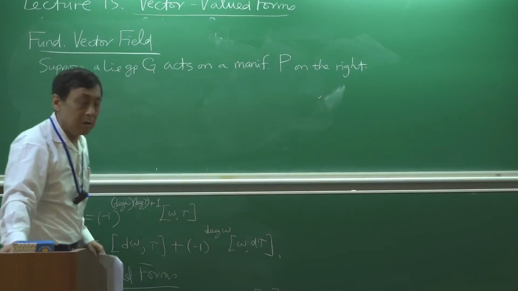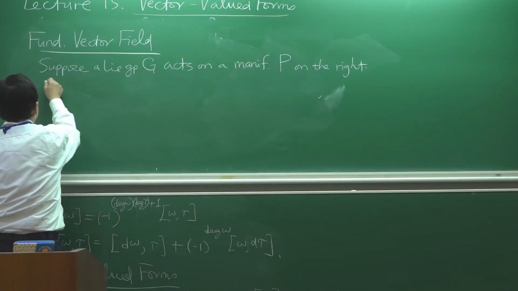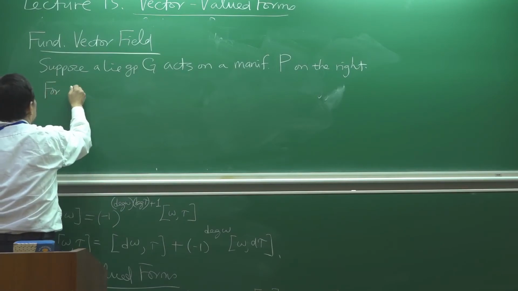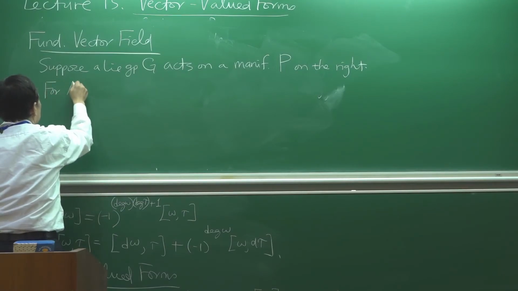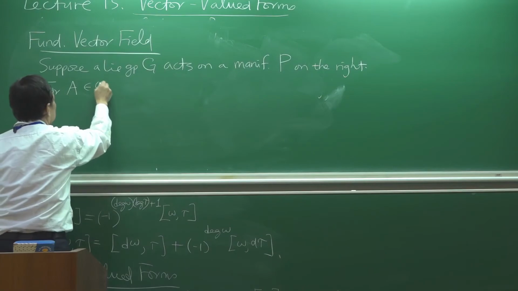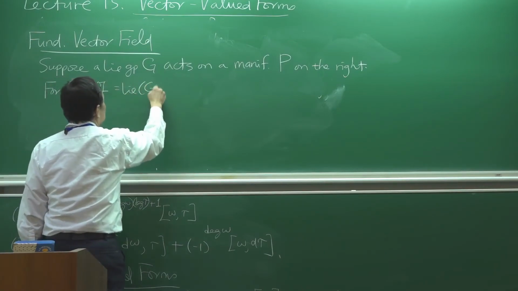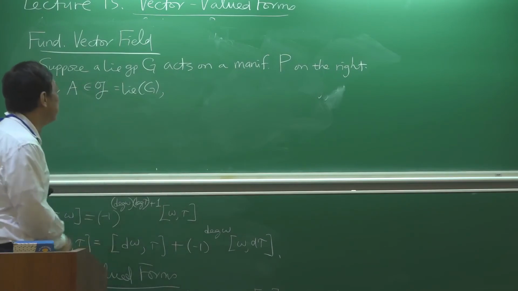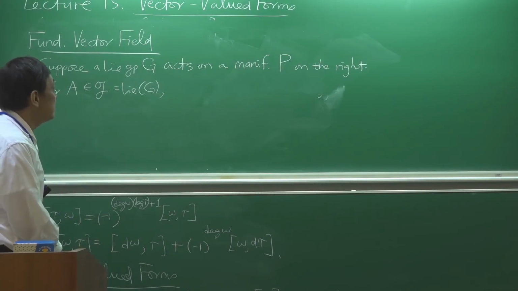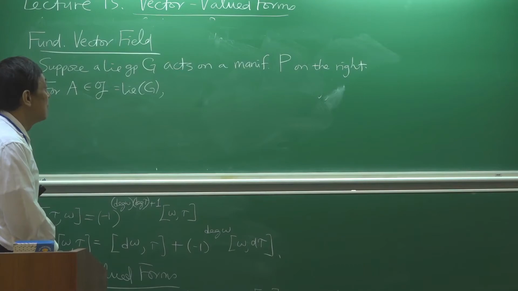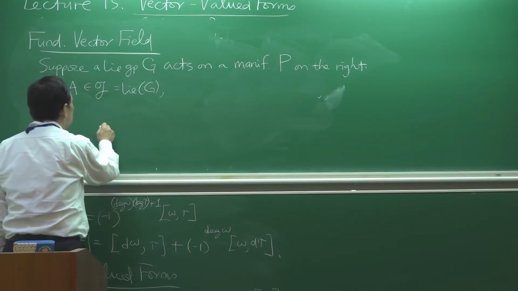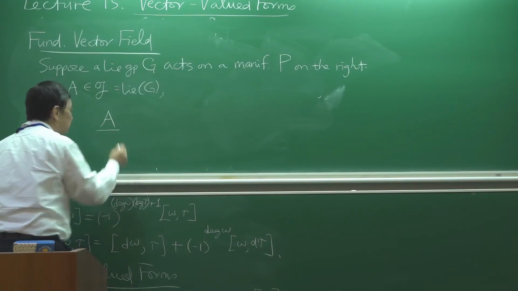Then for an element A in the Lie algebra of G, we can define the fundamental vector field.